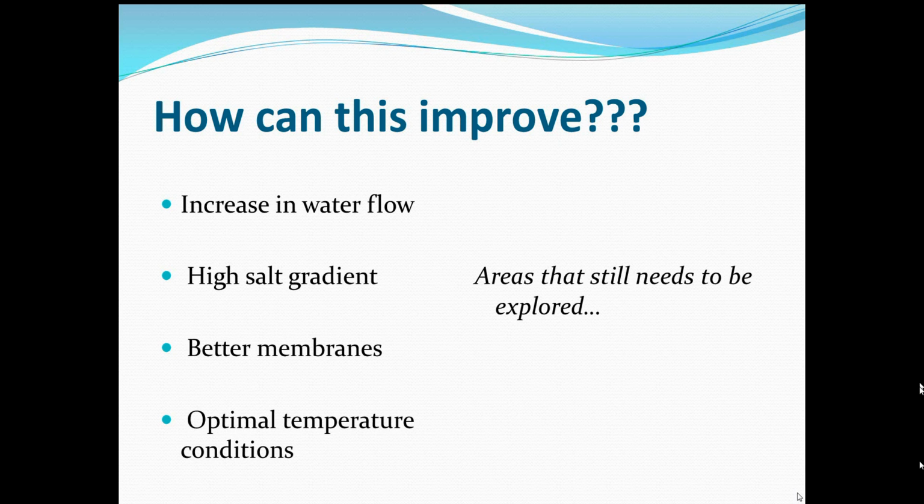The next thing is a high salt gradient, because with a higher salt gradient, the movement of water molecules from the freshwater side to the saltwater side through the semi-permeable membrane would be high. Once that movement is high, the pressure of the saline water keeps on increasing, and ultimately that helps in attaining a greater head, which is more efficient to produce electricity.